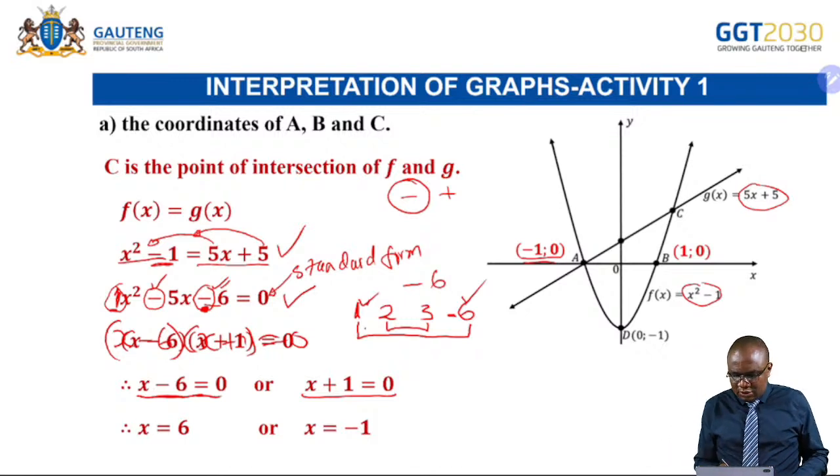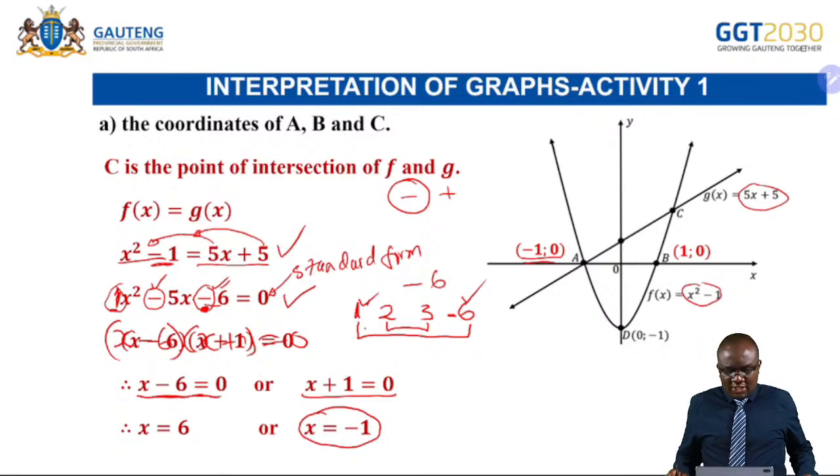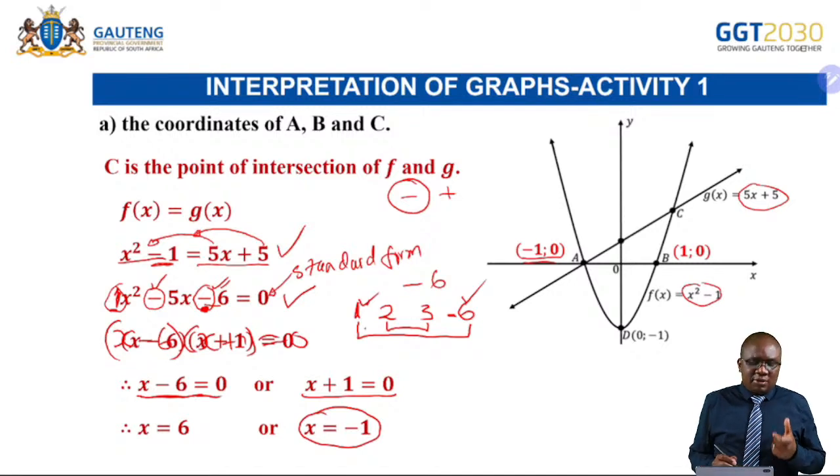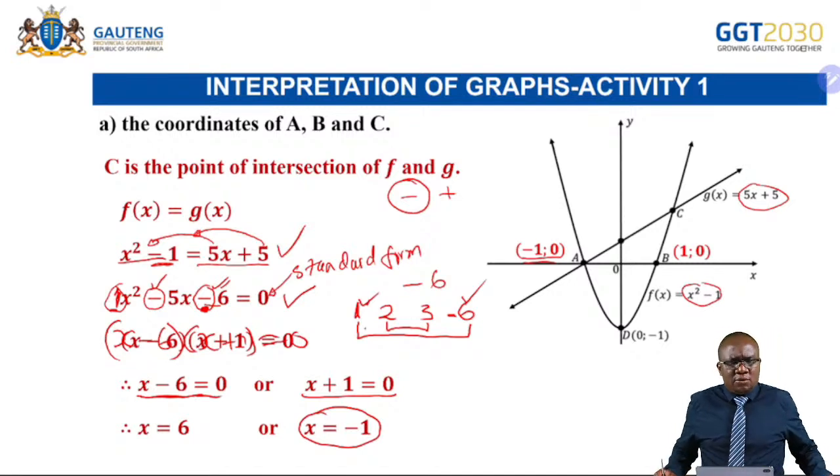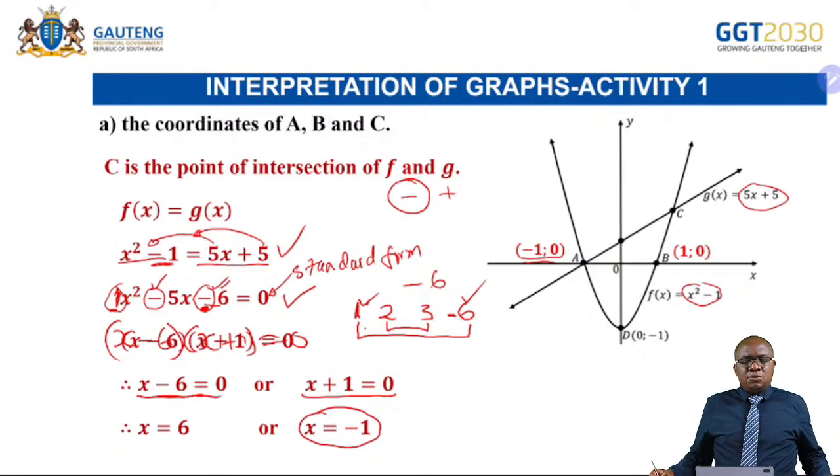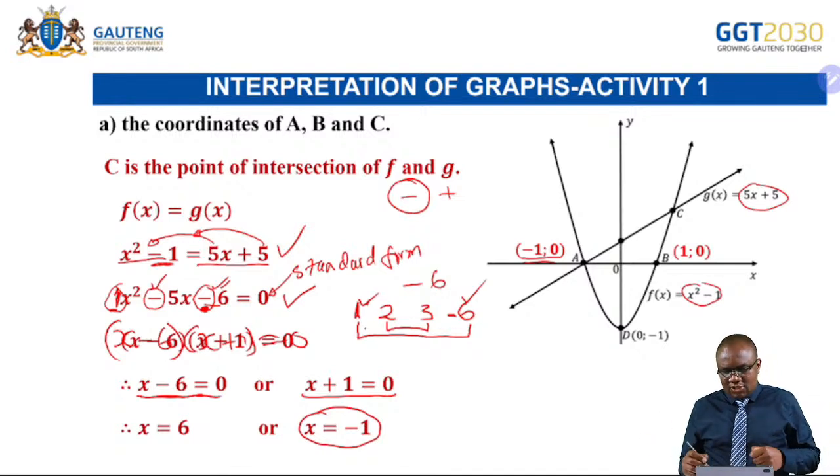These are the coordinates of what? Of C. You see that? So this one is going to be the one for A. We got negative 1. Okay? Right. And then for C, the x coordinate is 6. What is the y coordinate of C? Where there's x, we put 6.